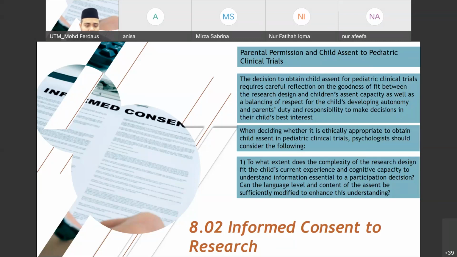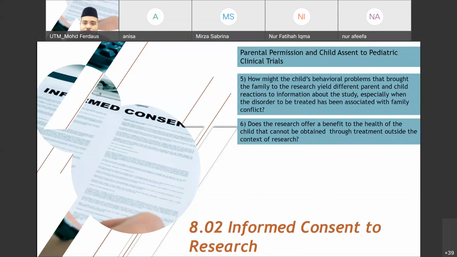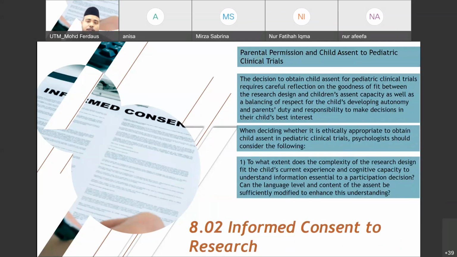When deciding whether it's ethically appropriate to obtain child assent in a pediatric clinical trial, psychologists should consider the following. There are 6 factors that we need to consider in order to decide whether to accept the children's assent or instead look for their parents' assent.